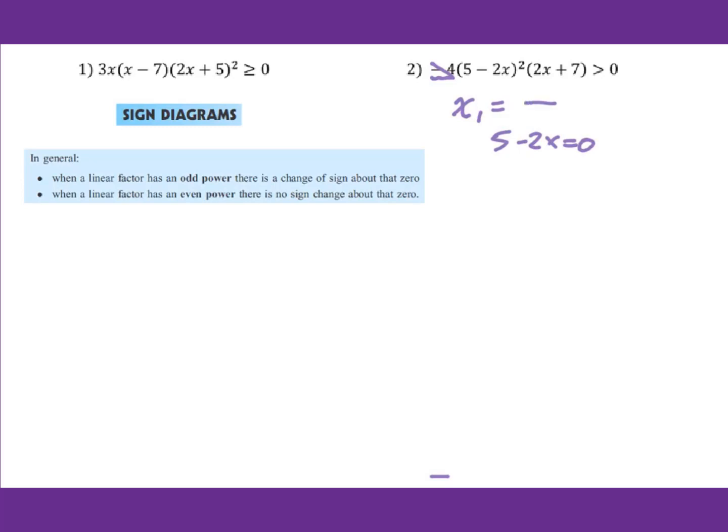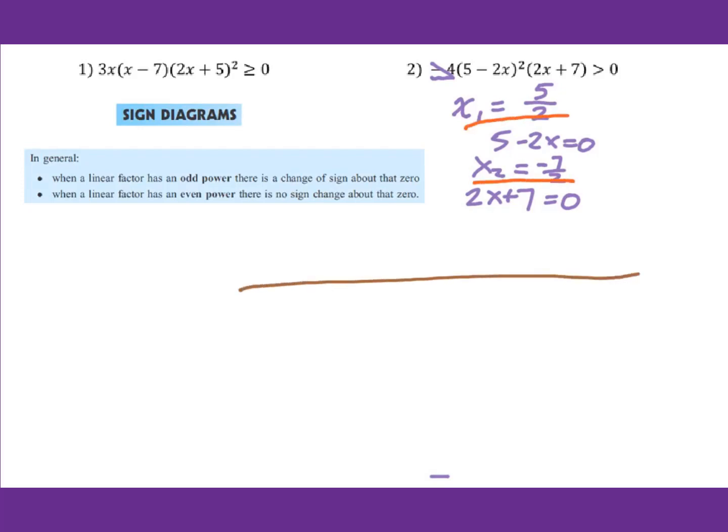Therefore, x1 equals 5 over 2. Then for x2, we set up 2x plus 7 equal to 0, and we got x2 equals negative 7 over 2. Then we need to draw a number line. We got negative 7 over 2 and 5 over 2.